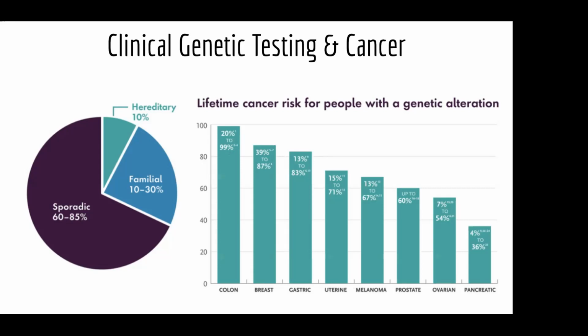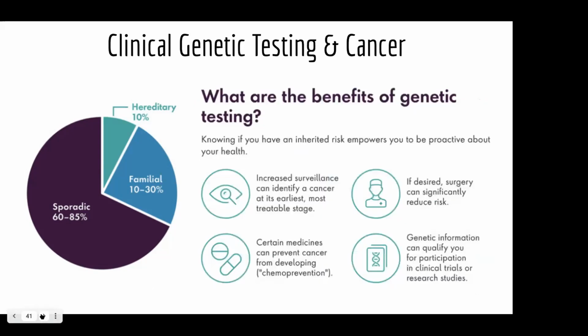Breast is next, and then these other ones, gastric, uterine, and so on. So if you have colon cancer running in your family, you probably want to get tested because it might be a heritable cancer. Same thing with breast cancer. It might be heritable because there's a strong connection to that germline background.